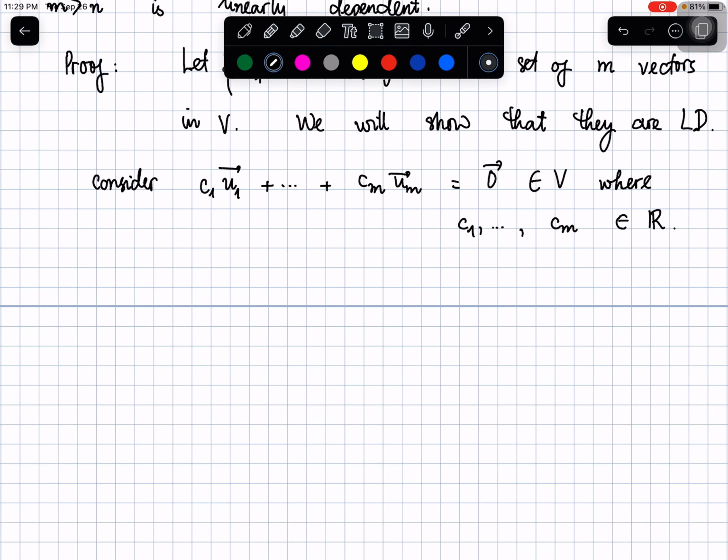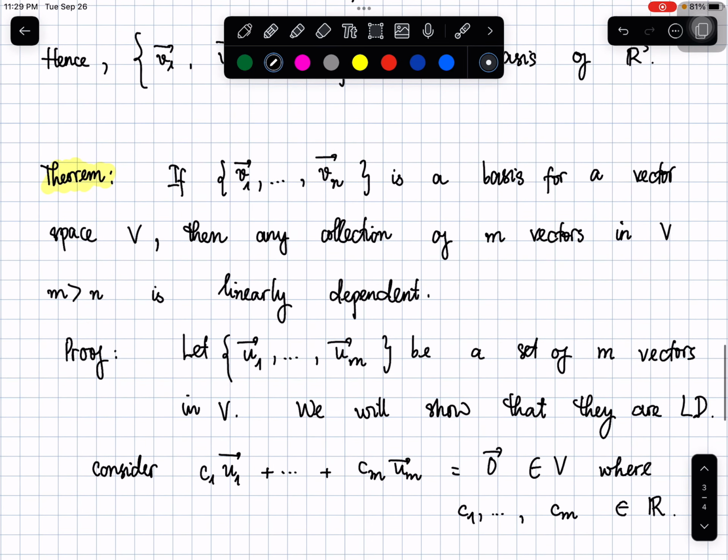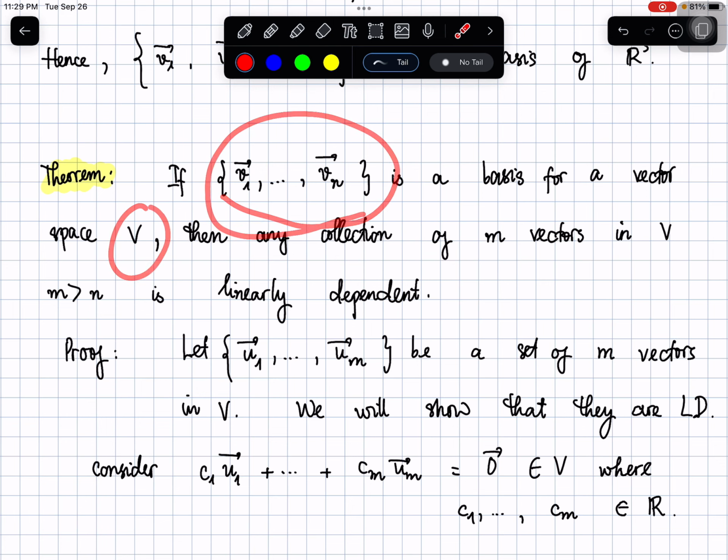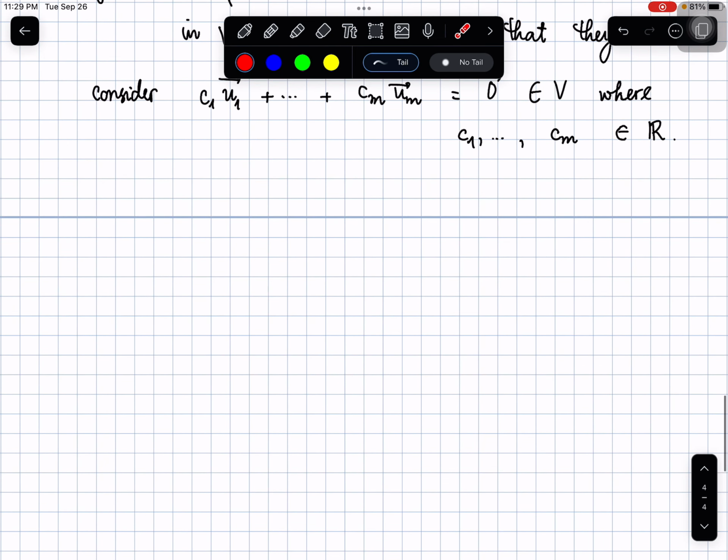So now remember that u1 to um are vectors in the vector space V, and V has these n vectors as a basis, right?